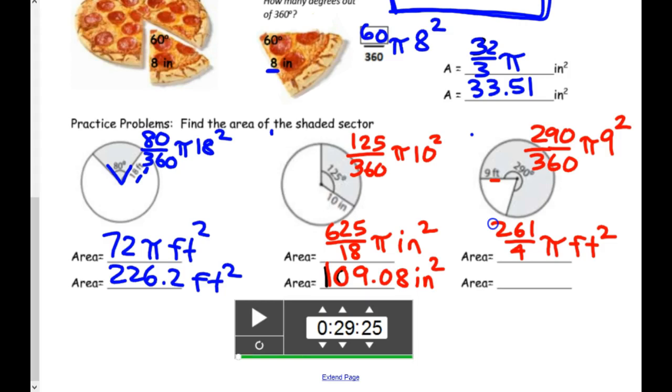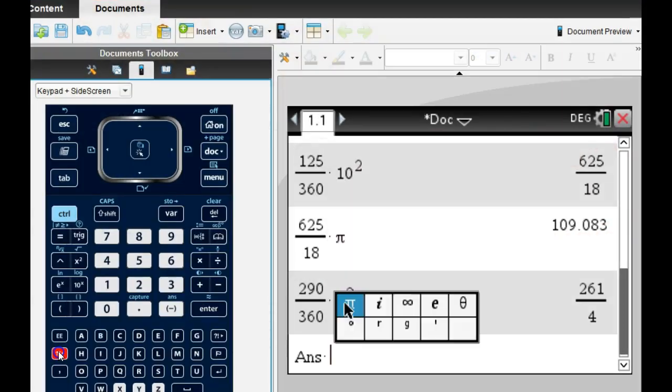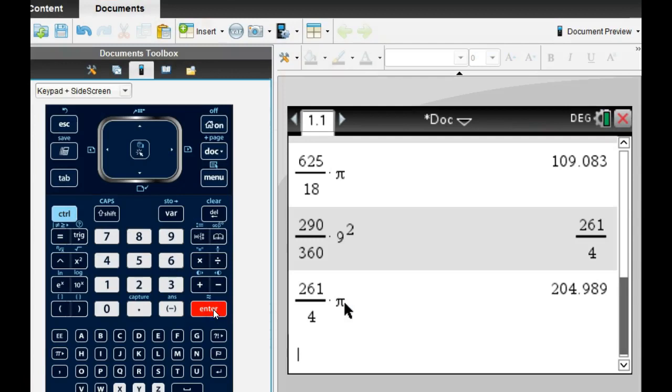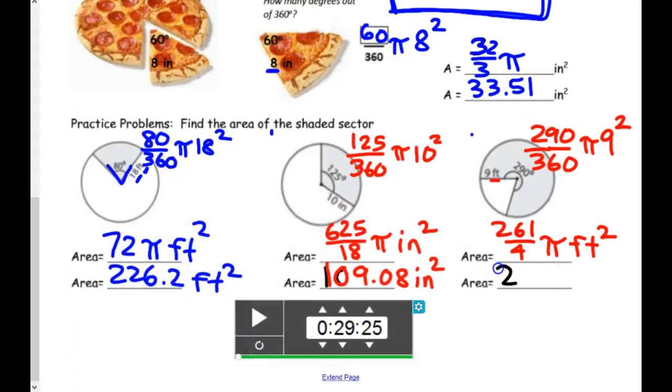And then for the area, take that fraction times pi. 204, and that's going to actually round to 205 with that 989. So 205 feet squared. I'll give you a couple seconds, make sure you got that down as we continue to the back side. So that was all sector area.